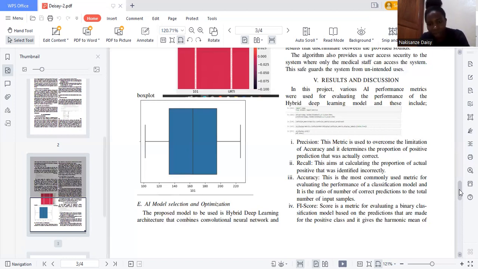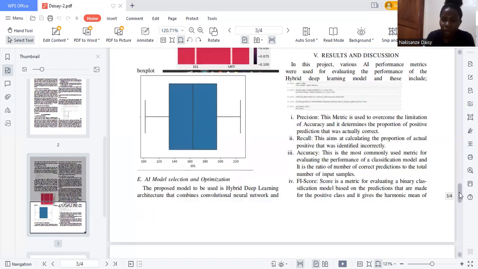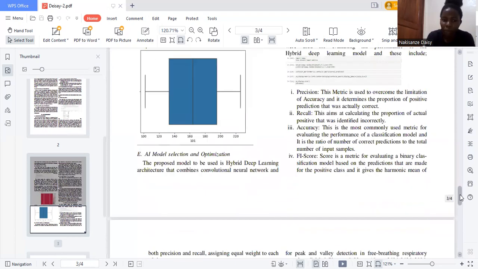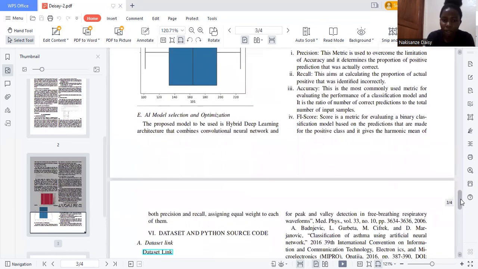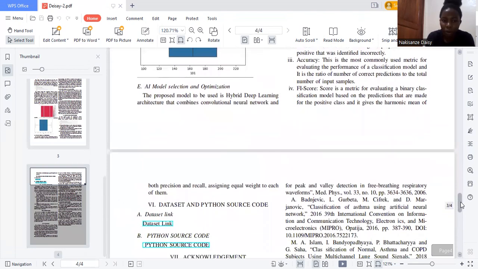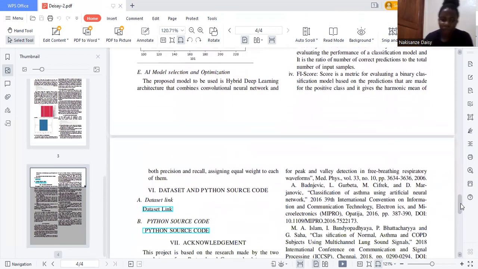Accuracy is the most commonly used metric for evaluating the performance of a classification model. The F1 score gives the average of both precision and recall, given they are of equal weight.